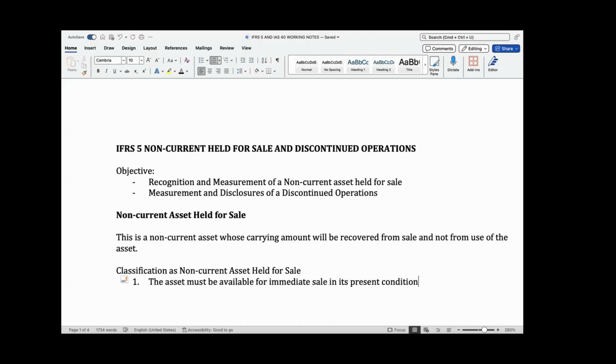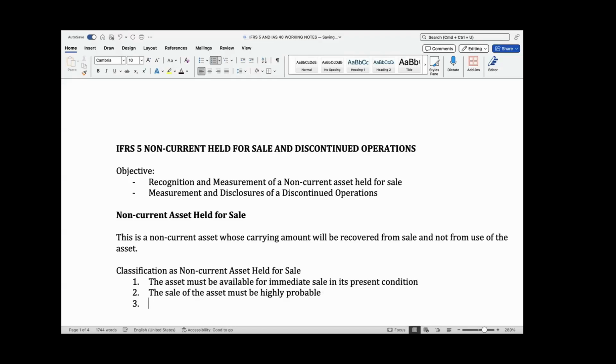So before you can say that your non-current asset is now held for sale, you have to be sure that that asset is available for immediate sale in its present condition. And the second one is that the sale of the asset must be highly probable.